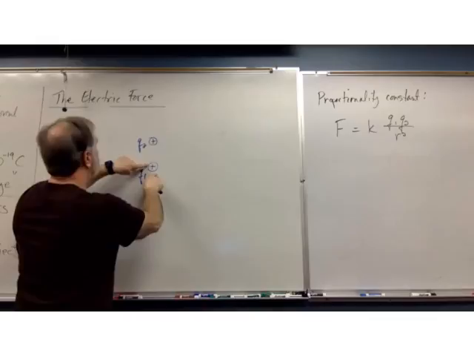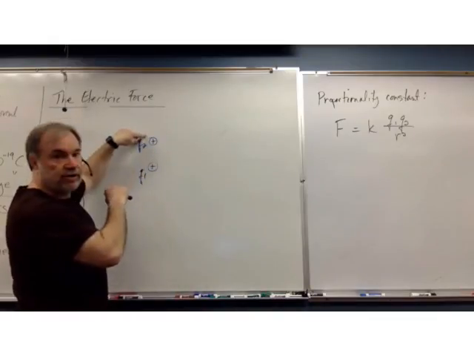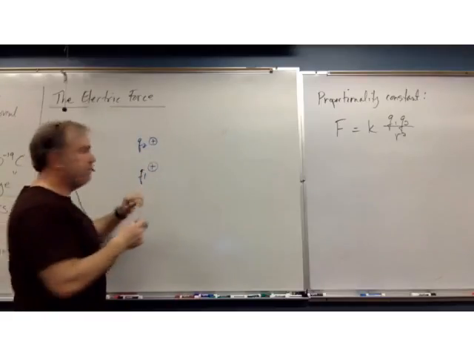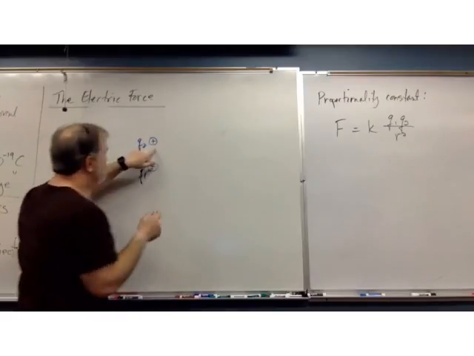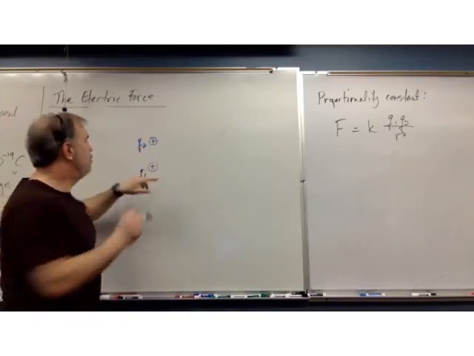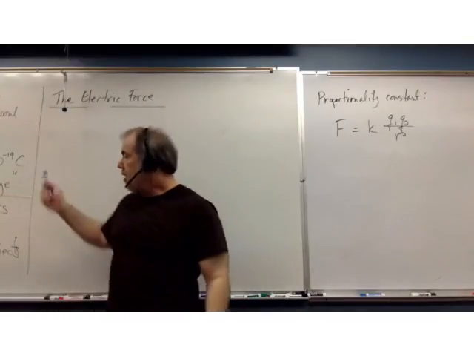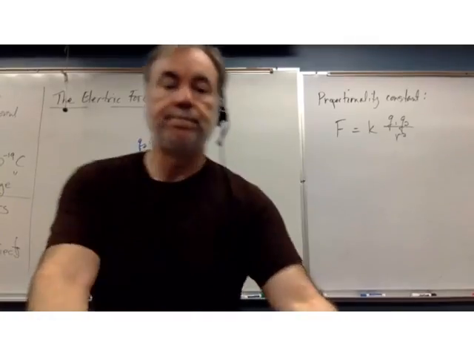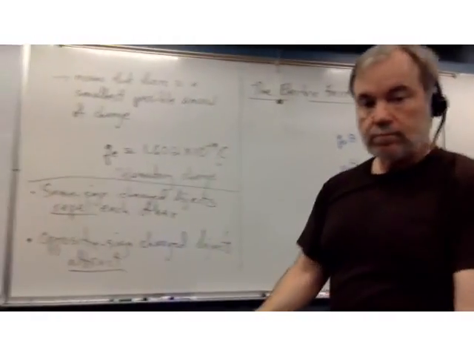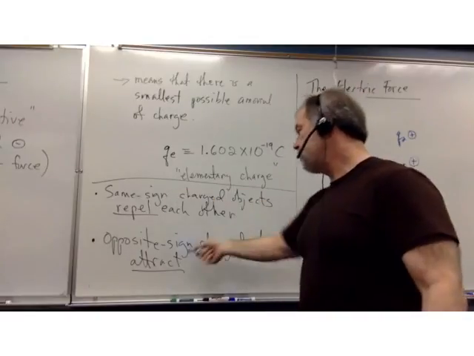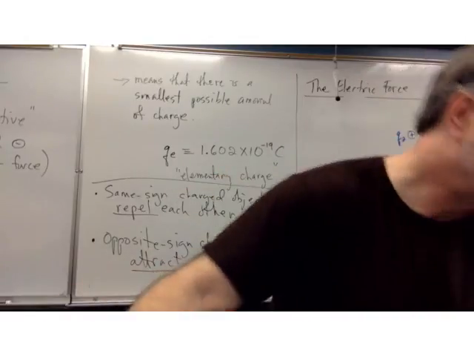All right, so Q1 is my source charge, Q2 is my test charge. Q1 is the source of the force, Q2 is the thing experiencing the force. The direction of the force on Q2, due to Q1, in this case, according to the rule that I mentioned here a moment ago, like charges repel each other, same sign charges repel each other, opposite sign charges attract.